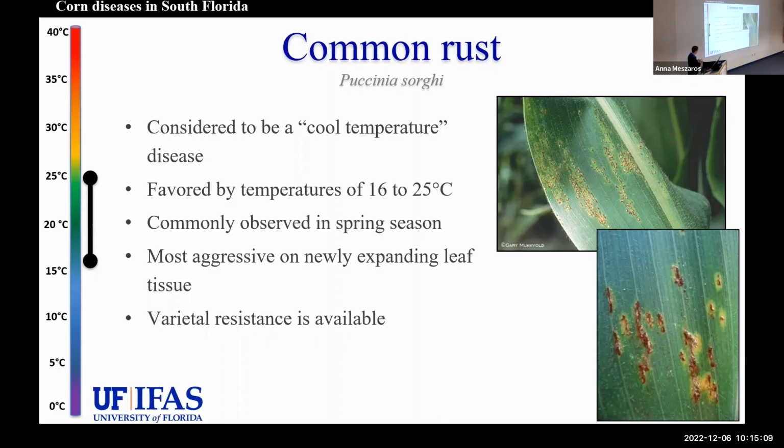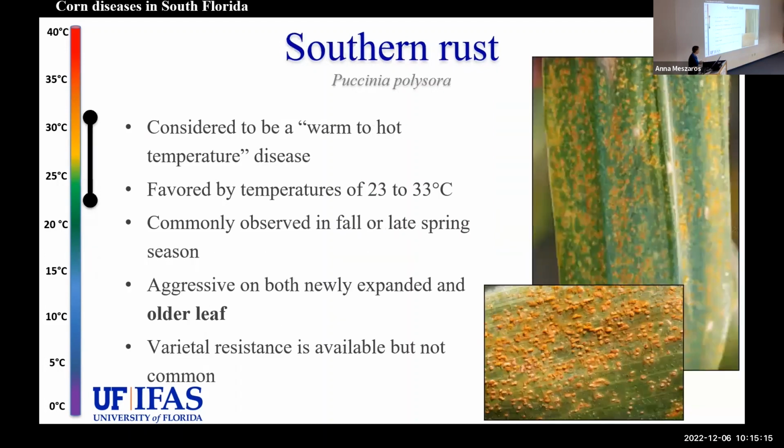So now just take a look at this picture, and I'll put the next slide, and you can see the difference in color. See, this one is more like an orange color, more like a rust, right? That we think about. And this one is more like a warm to hot temperature disease, which is favored by temperatures between 23 and 33 degrees Celsius.